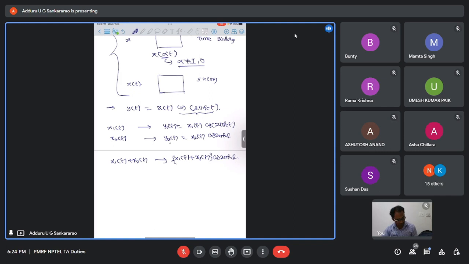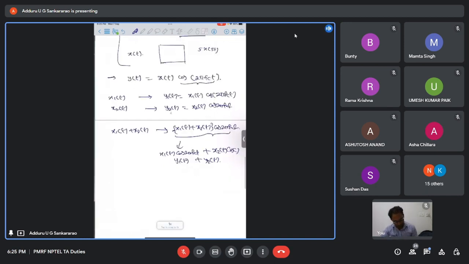Now can I expand this? So x1 of t into cos 2 pi fct plus x2 of t into cos 2 pi fct. So this is nothing but y1 plus y2. This is a linear system. So cos is a separate signal. We need to consider with respect to the input.